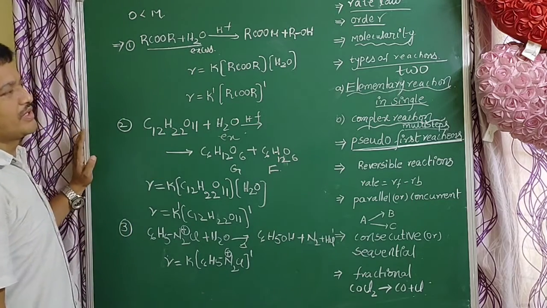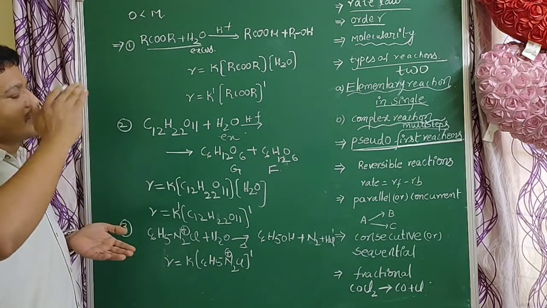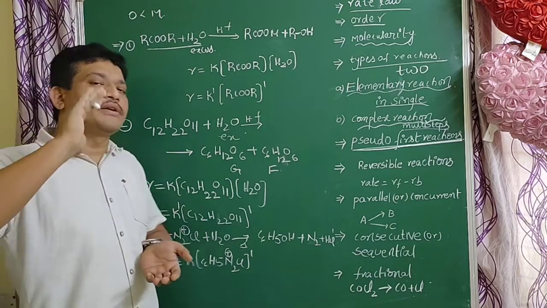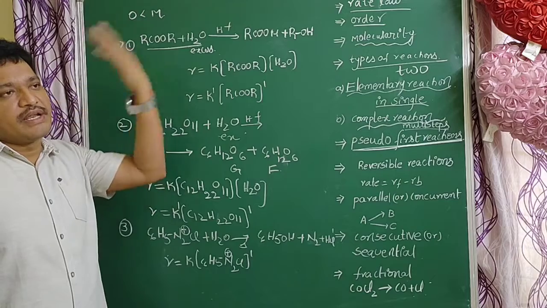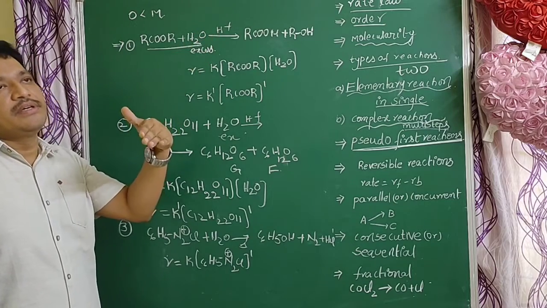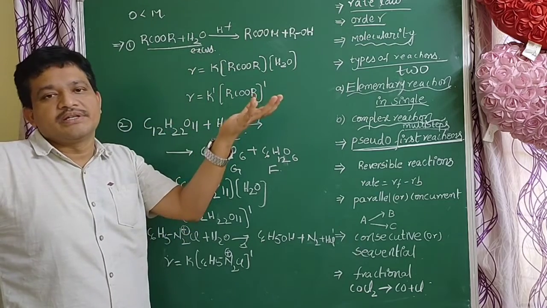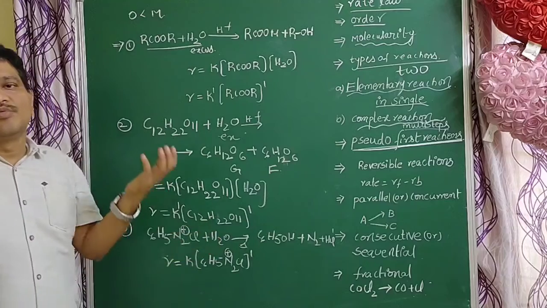For example, molecularity is 3, order is 2, that is a pseudo second order reaction. Molecularity is 4, order is 3. Molecularity is 10, order is 3, that is a pseudo third order reaction. Molecularity is 100, order is 2, that is a pseudo second order reaction.